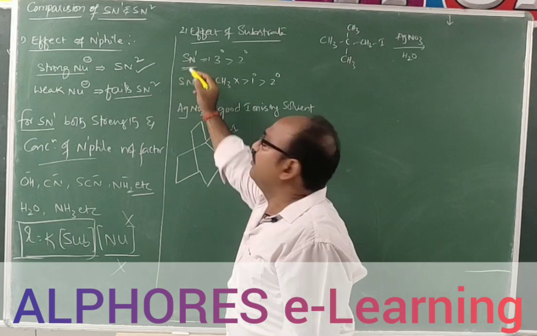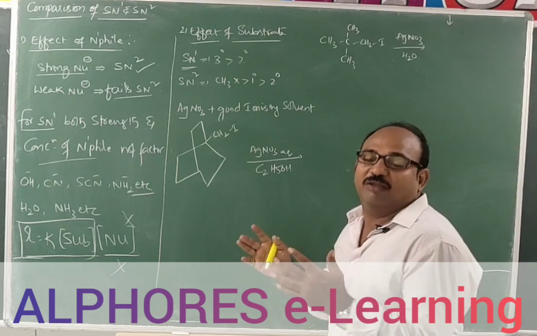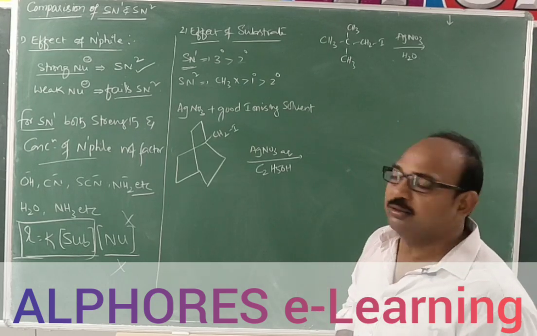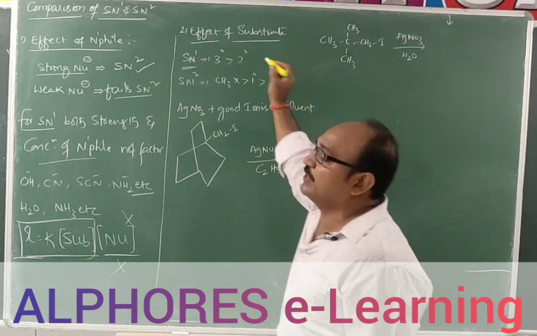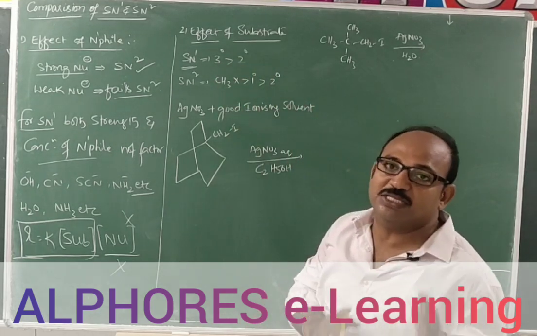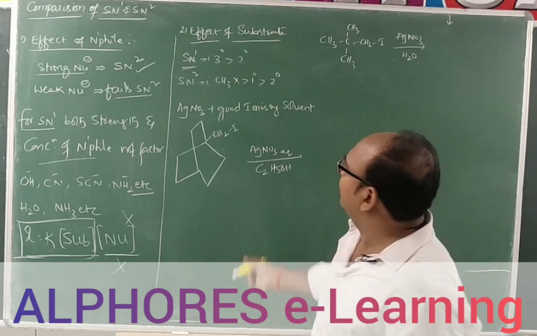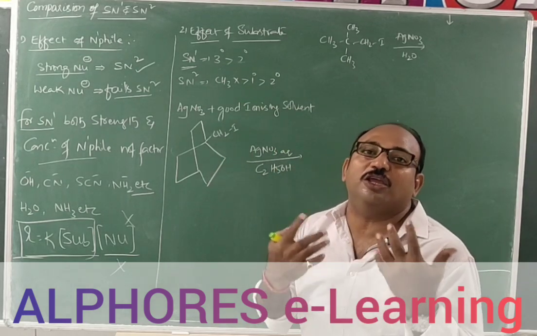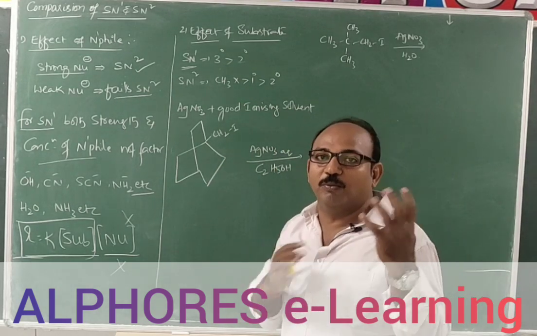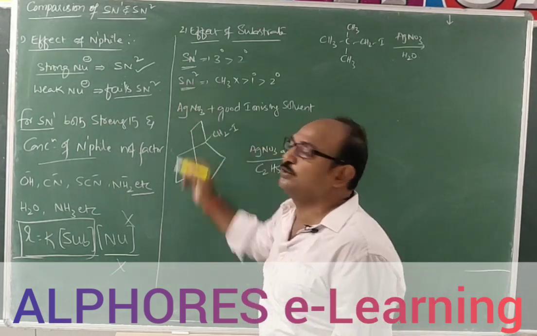For SN1, because the mechanism proceeds via formation of a carbocation, the substrate which can give a more stable carbocation obviously favors SN1. Those substrates which cannot produce a more stable carbocation generally favor SN2.